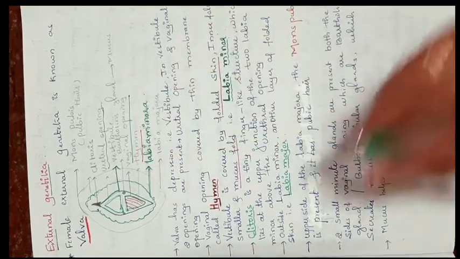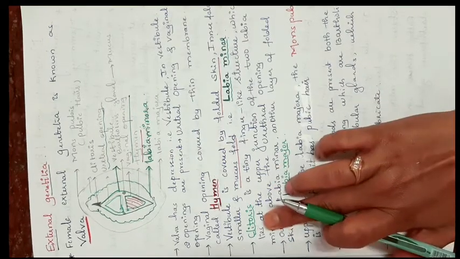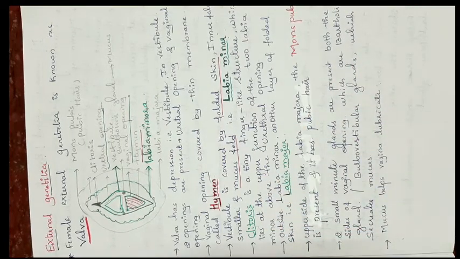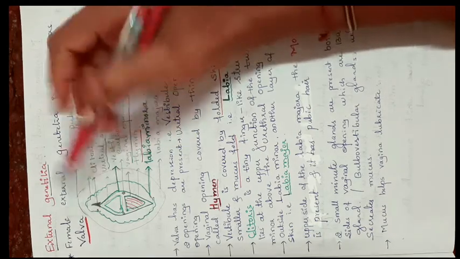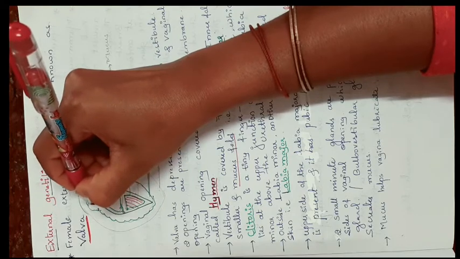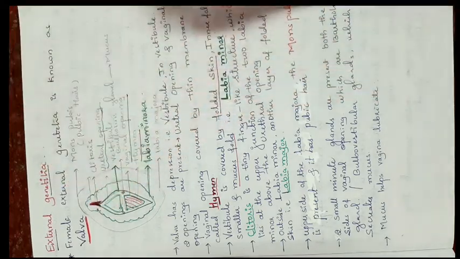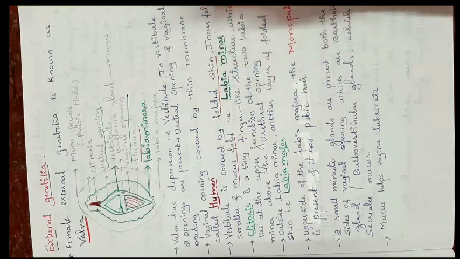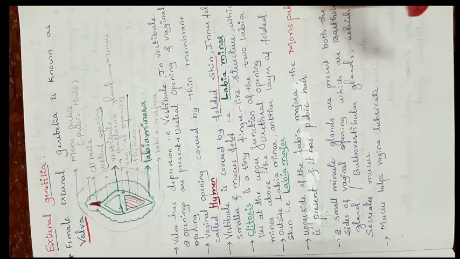Then the clitoris is a tiny finger like structure which lies at the upper junction of the two labia minora. Here you can see a small, minute, finger shaped structure just above the urethral opening, that is called the clitoris.